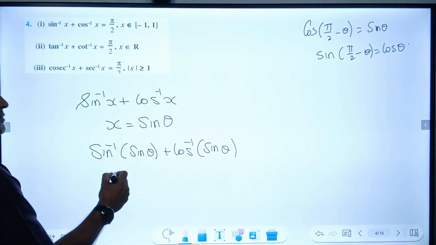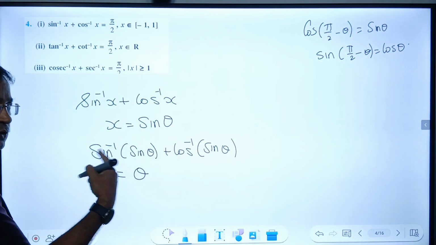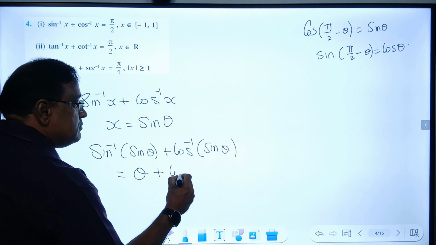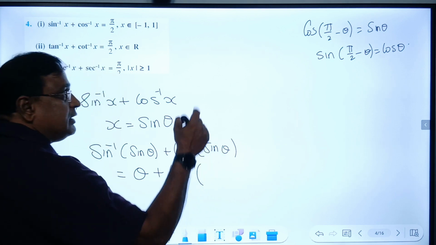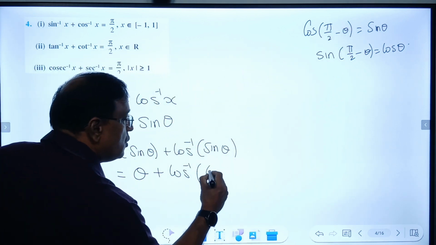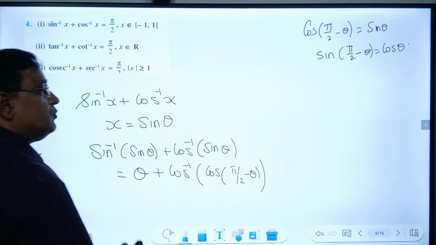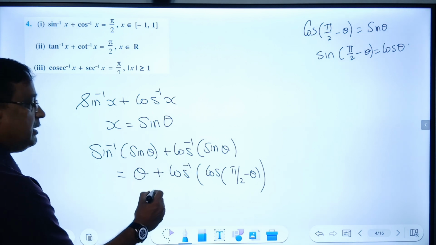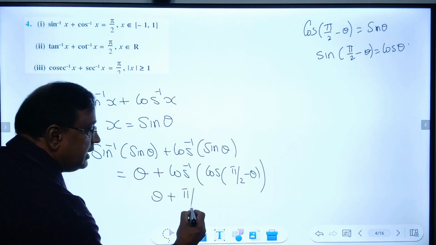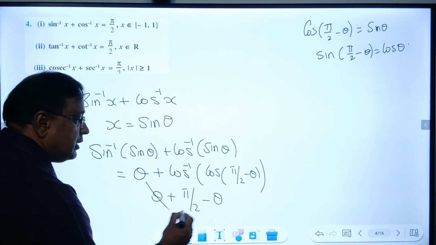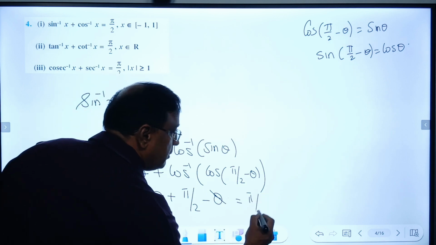But sine inverse of sine theta is theta, I already told you. Plus cos inverse of, what is sine theta? Sine theta is nothing but cos of 90 minus theta, correct? So cos inverse of cos of 90 minus theta is 90 minus theta. So they get cancelled. You got pi by 2.